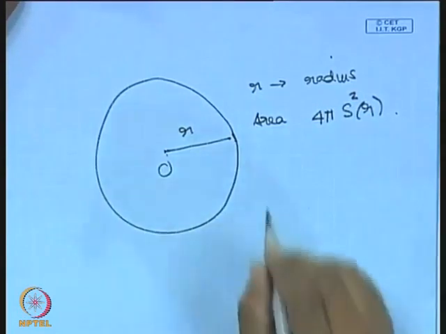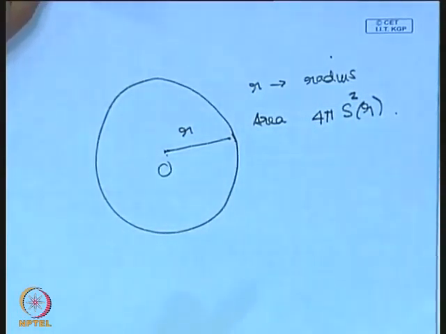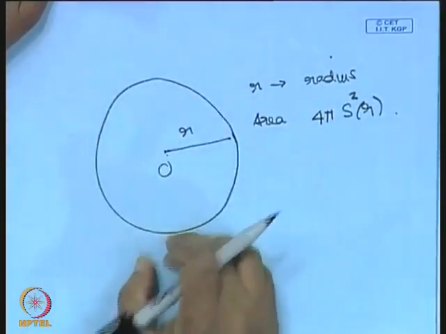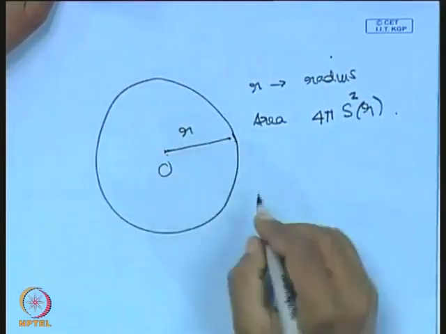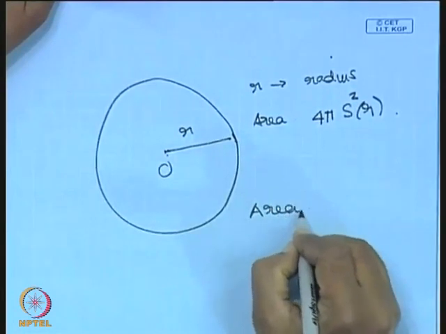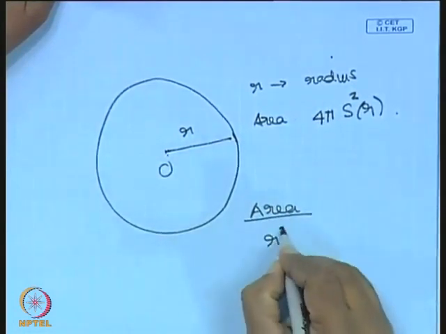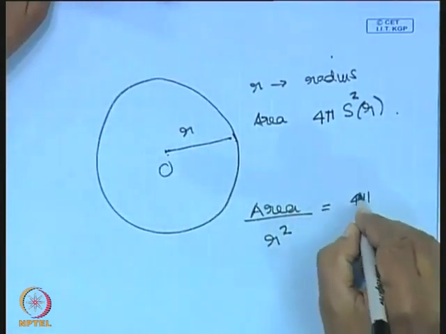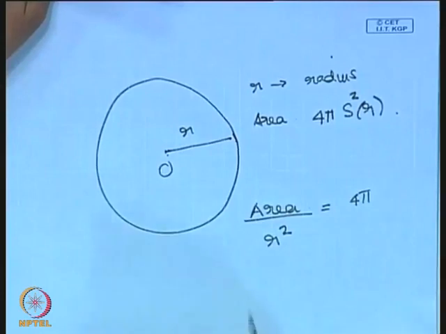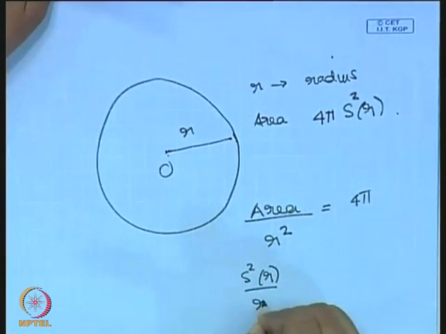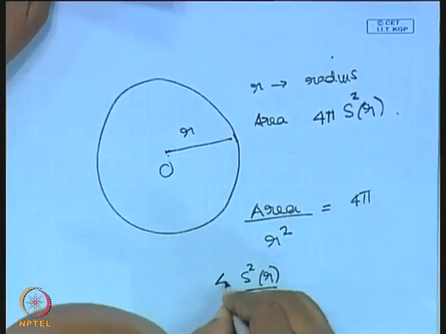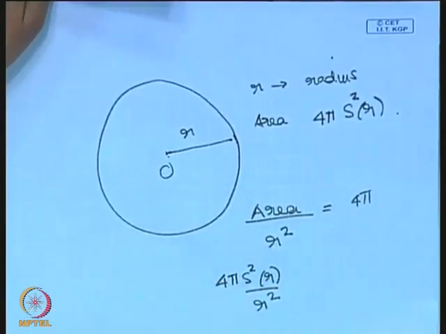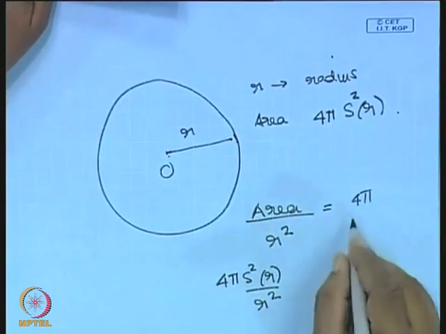Okay, because of the curvature, the main effect of curved space is on the ratio of the area of a sphere to the square of the radius. This ratio in flat space is a fixed number which is 4 pi, whereas in a curved space this ratio becomes 4 pi S square r by r square, which is not the same as 4 pi.